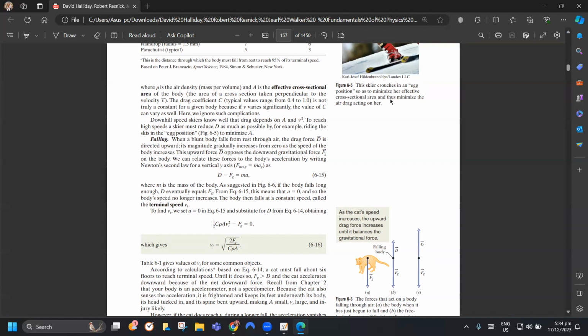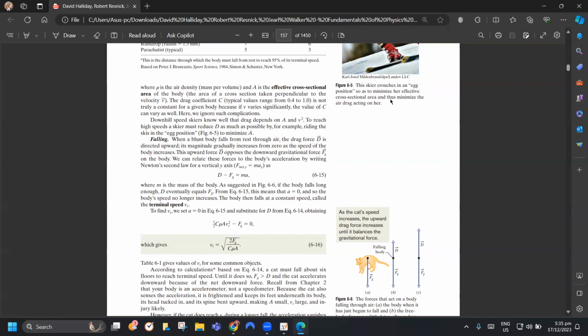That's going to be V minus the wind speed. So be careful about that.